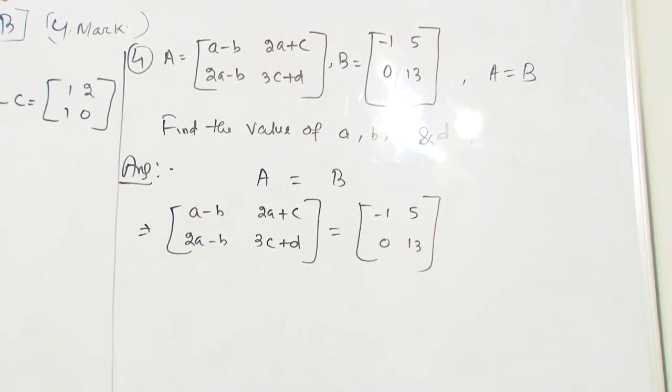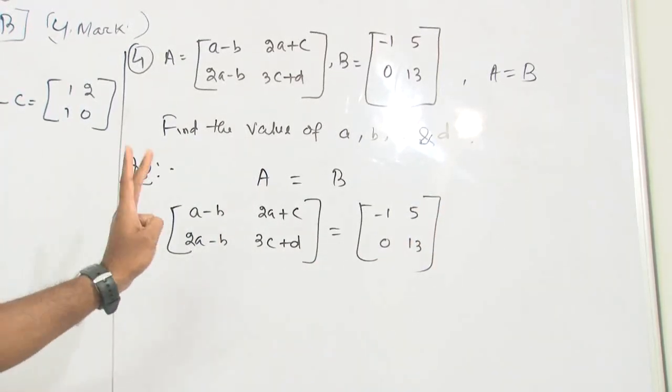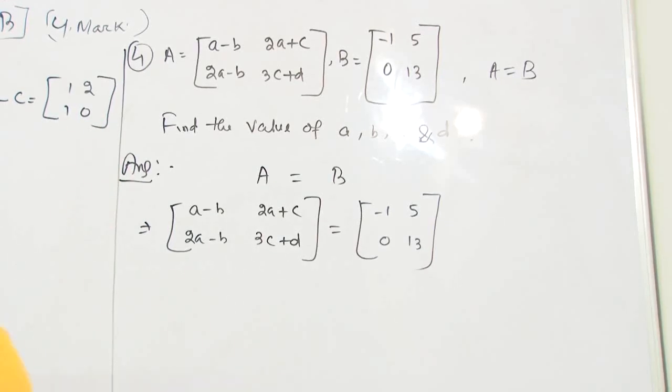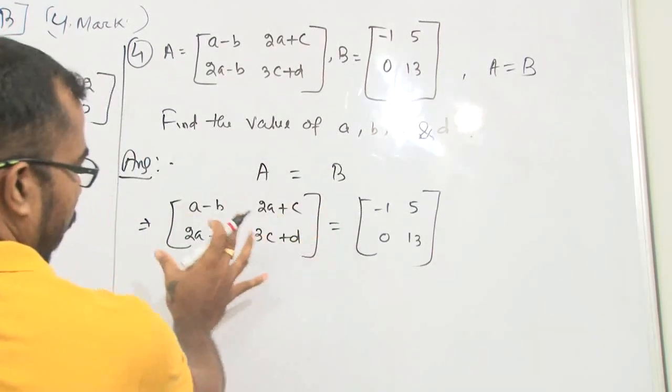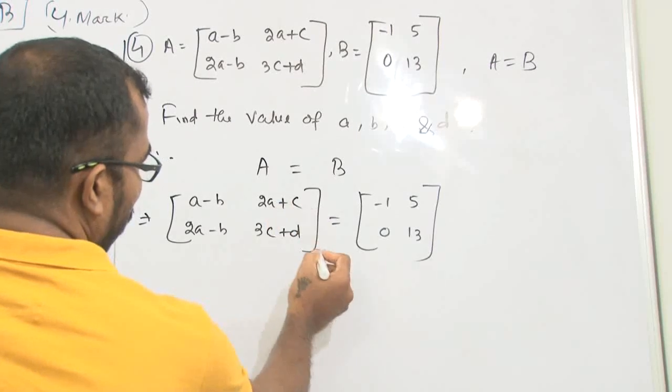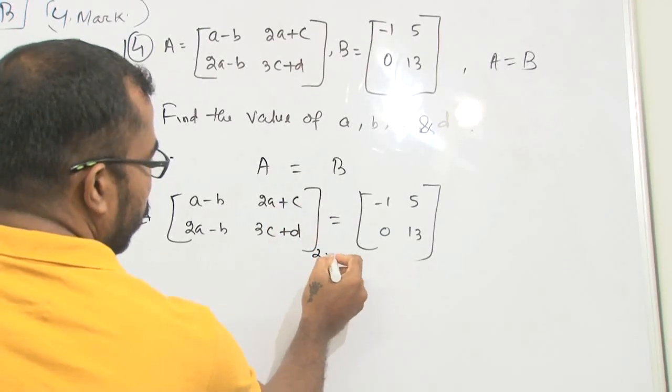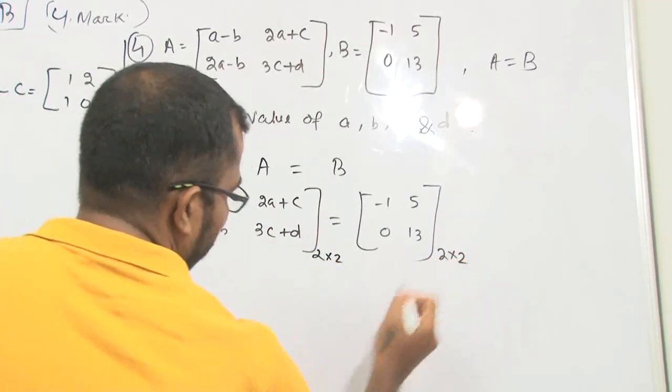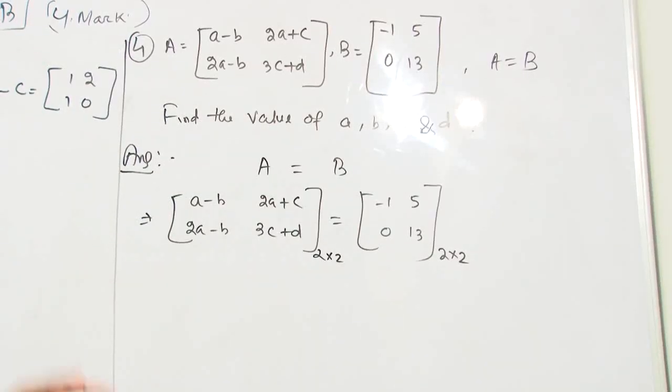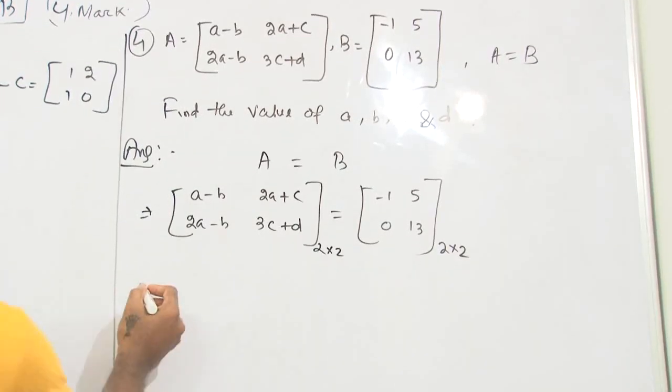First we have to check whether it is an equal matrix or not. Yes, it is an equal matrix because the order of the first matrix is 2 into 2 and the order of the B matrix is also 2 into 2. So they are the same order.